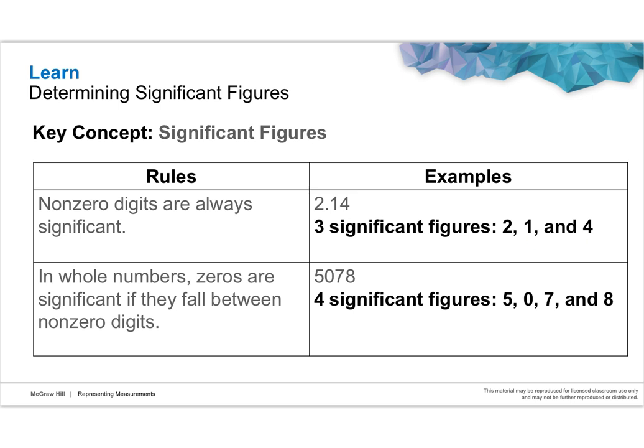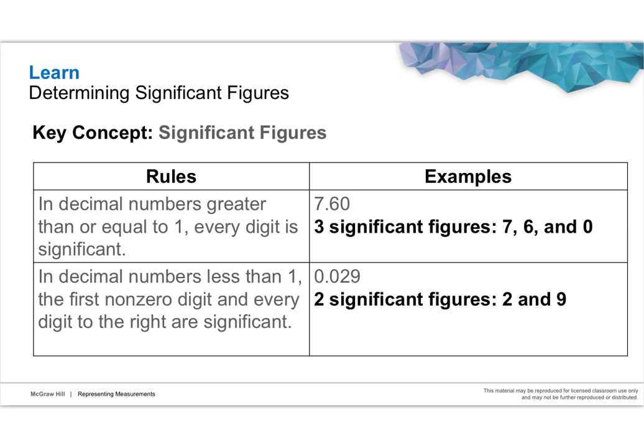The second rule is that in whole numbers, zeros are significant if they fall between non-zero digits. So here is a non-decimal number, 5,078. There are four significant digits, every single one of these, because the zero is significant since it falls between other significant figures in a whole number.